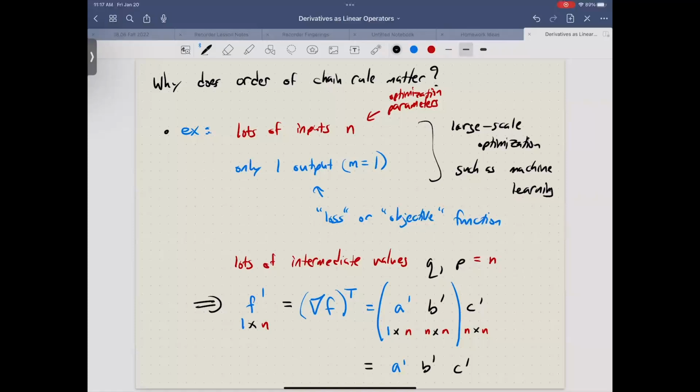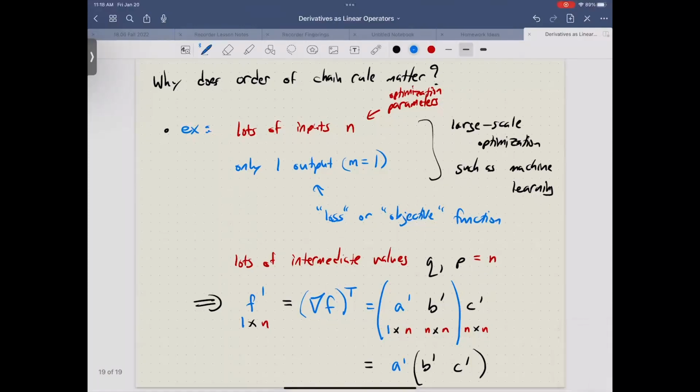If you do forward versus reverse mode, so if you put the parentheses here, this is our reverse mode AD. You're doing this product here: a row vector times a matrix. Vector times matrix is cheap. That's proportional to n operations.